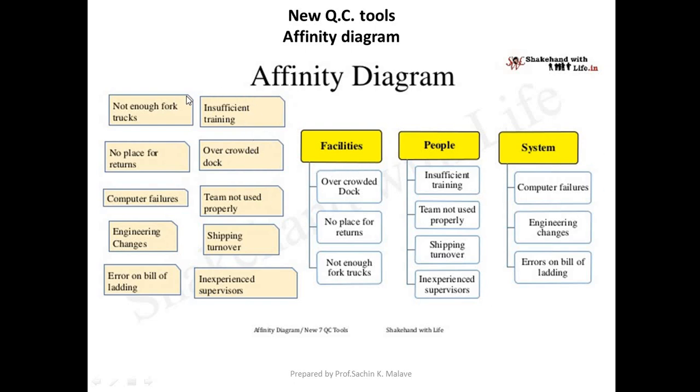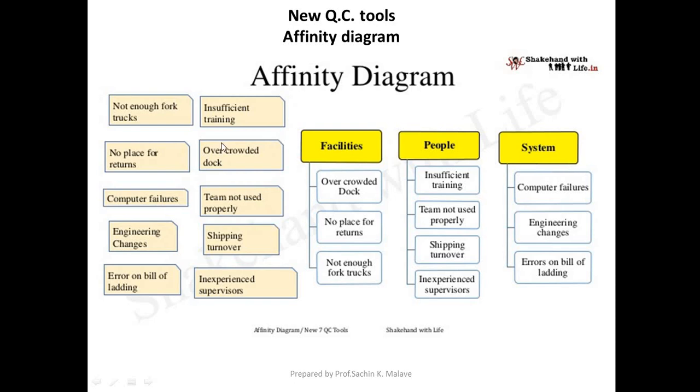This is the data in a disorganized manner, and here the same data is arranged properly. You can see around 10 ideas or 10 types of information, and this information is classified under 3 heads, that is facilities, people and system.